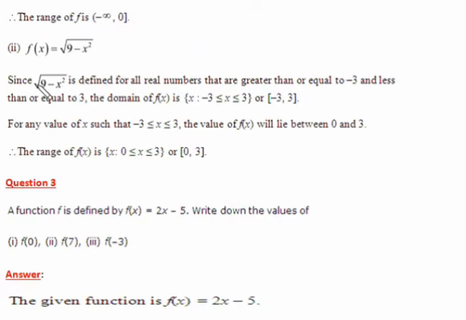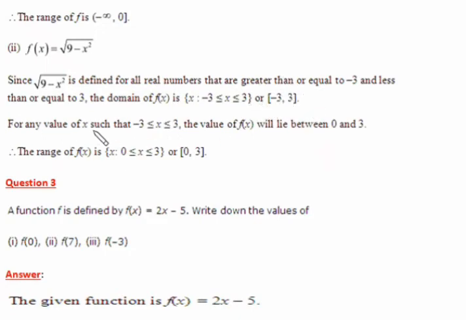So since root of 9 minus x square is defined for all real numbers that are greater than or equal to minus 3 and less than or equal to 3, the domain of f(x) is x greater than or equal to minus 3 and less than or equal to 3. That means it shows the closed interval.